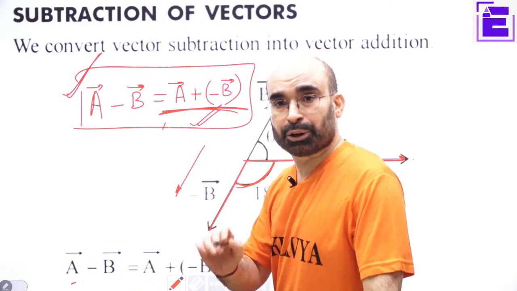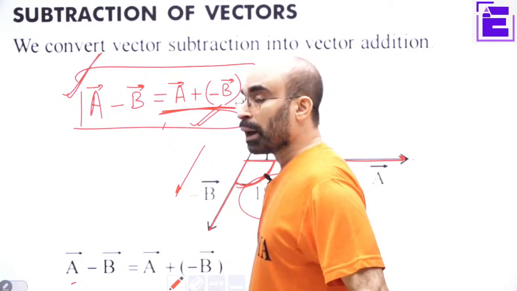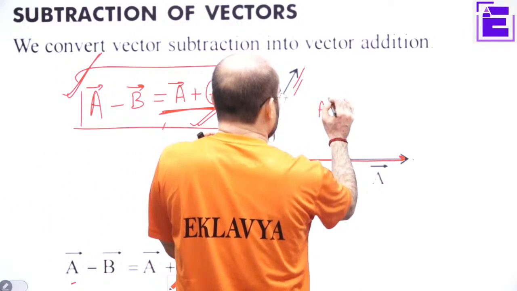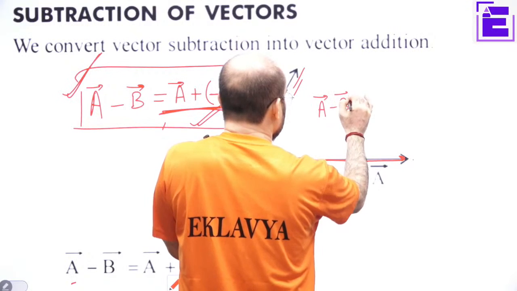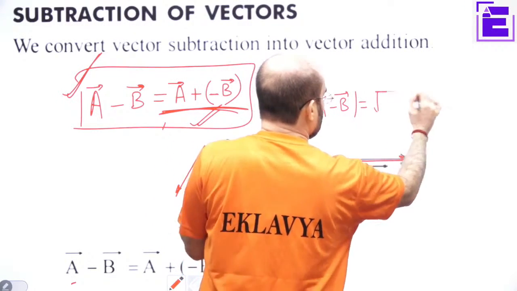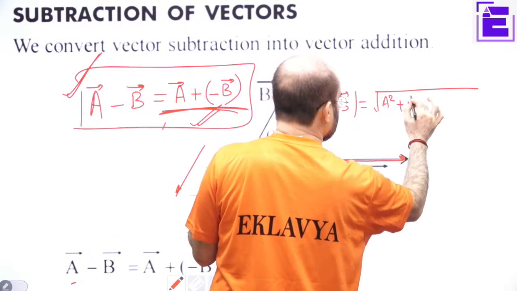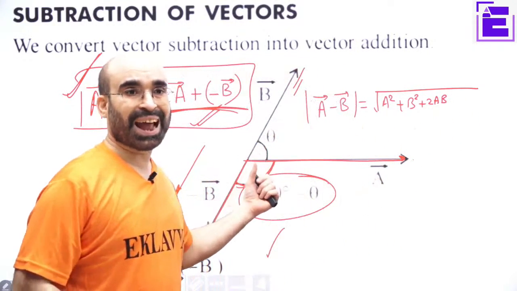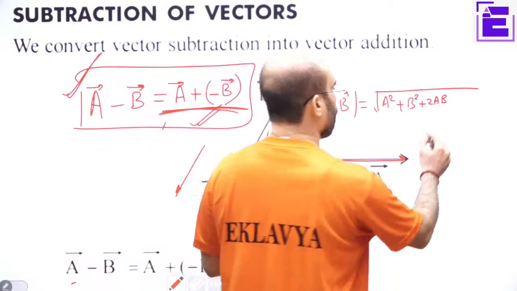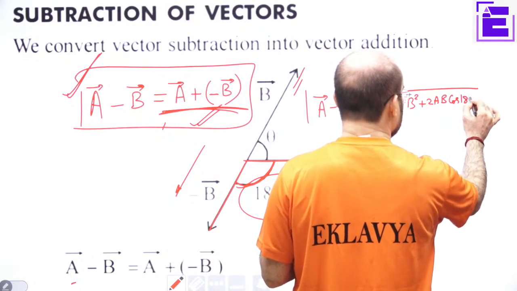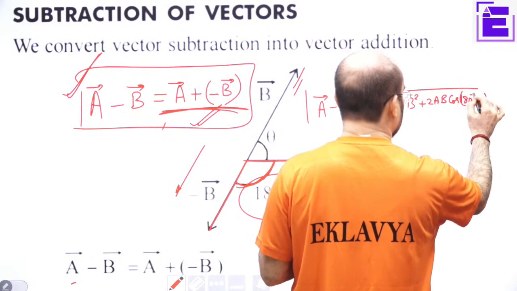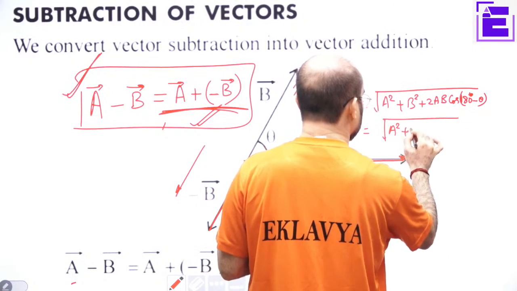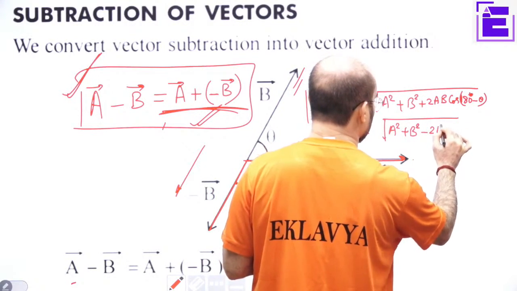Now one thing that you need to keep in mind is that it is 180 minus theta. If you look at the basic concept which we have understood, the magnitude of A minus B would be the square root of A square plus B square plus 2AB cos of the angle. What is the angle? Cos of 180 minus theta. So cos of 180 minus theta is what? It is minus cos theta, so the magnitude is A square plus B square minus 2AB cos theta.